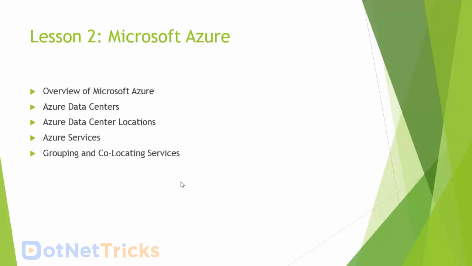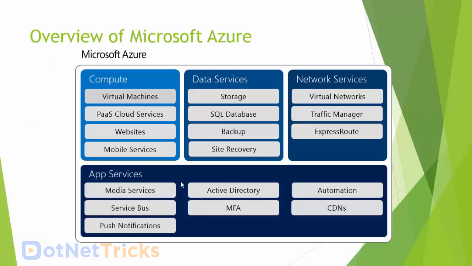Okay, so let's talk about the second part, an overview of Microsoft Azure. As I said, there are multiple vendors who provide infrastructure as a service or cloud services, and it includes Amazon Web Services cloud or Google Cloud.